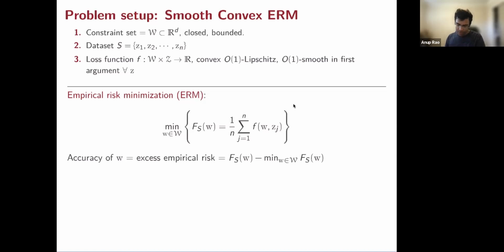And we want to find a near optimal solution, and we measure accuracy, also referred to as excess empirical risk, as the difference between this overall loss function evaluated at the point we output and the absolute minimum of the loss function, the empirical risk.